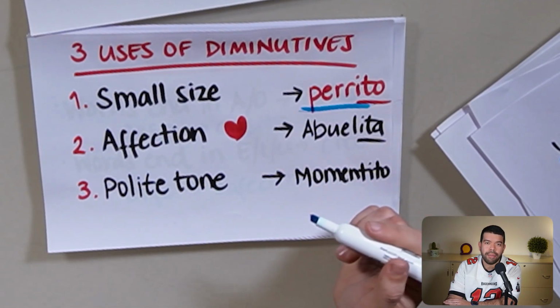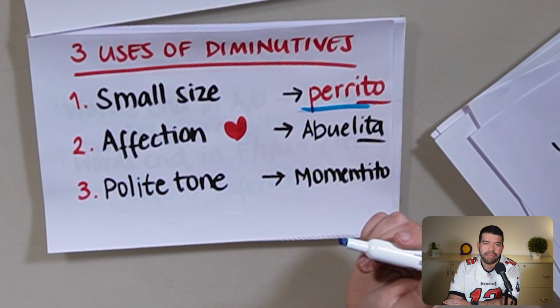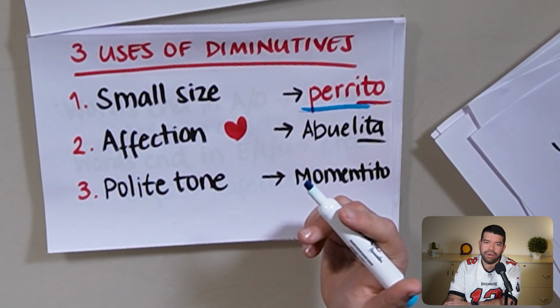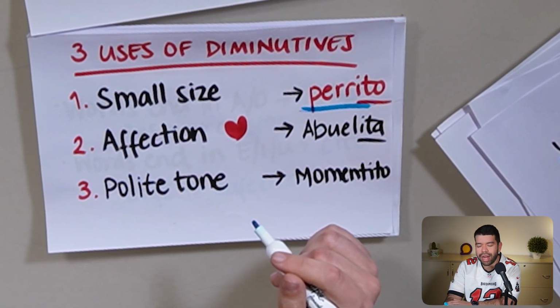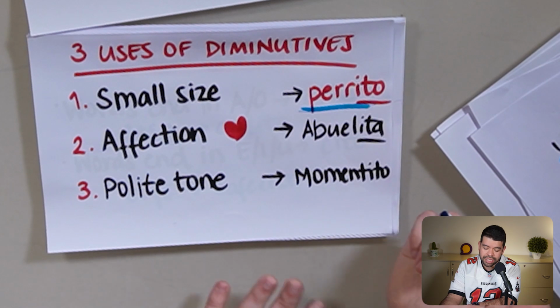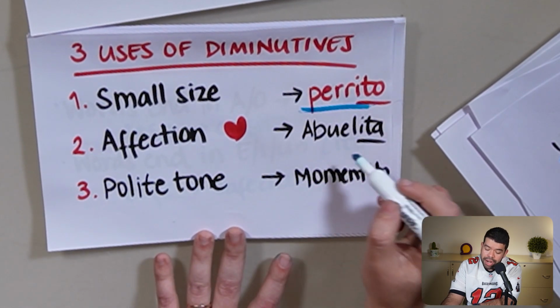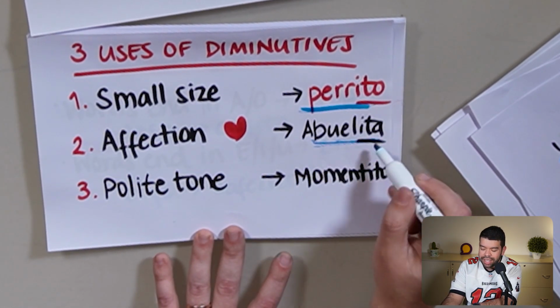But that's not the only option. Sometimes we use these fun little additions to talk about things that aren't necessarily small. Adding a diminutive can be a display of affection. We use it when talking about things or people we love. For example, something super common, talking about your family members. You've probably heard this before. When native speakers talk about their grandparents, it's not just abuelo or abuela, it's abuelita.